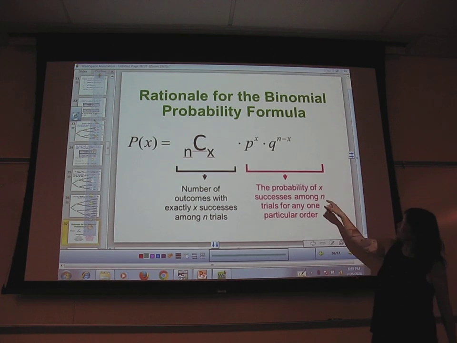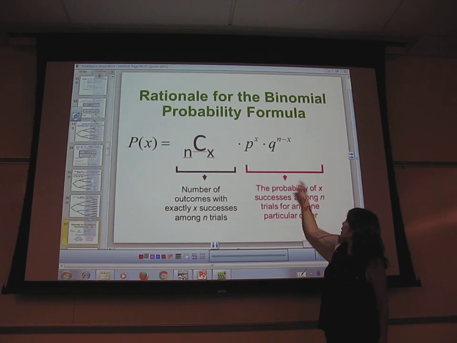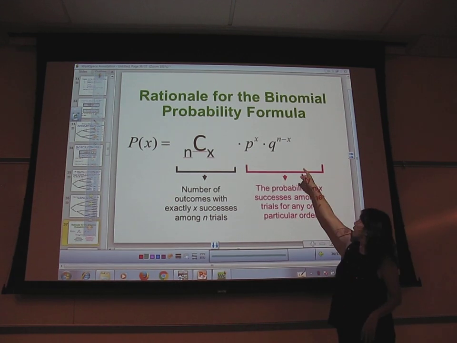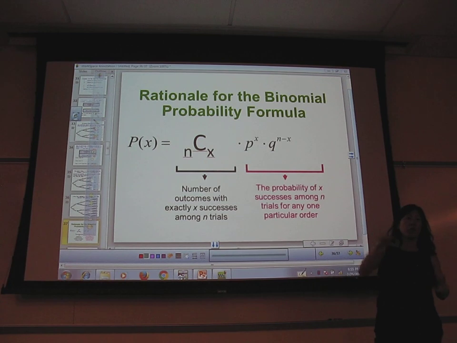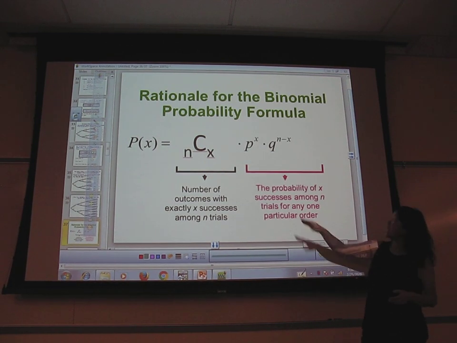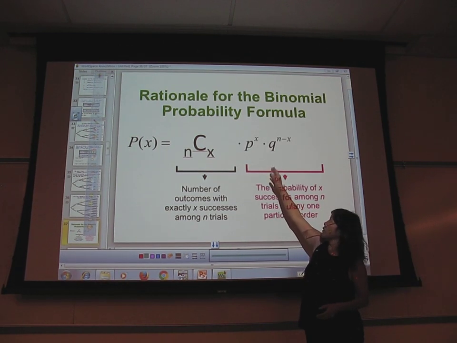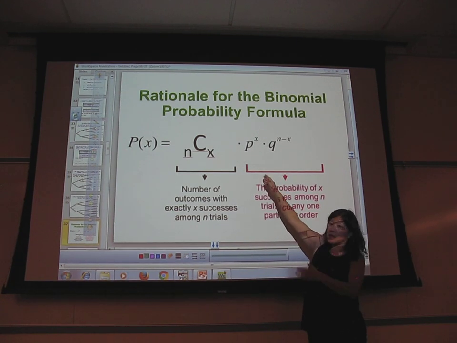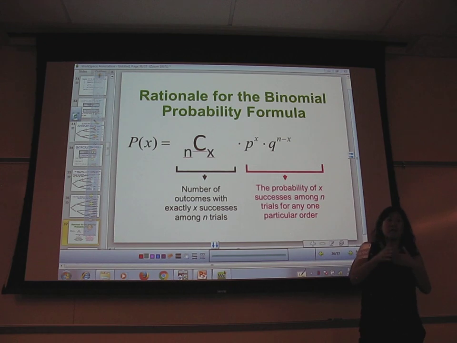In other words, the probability that I have x p's being multiplied and n minus x q's being multiplied as they go along the branches. So remember that probability, you multiply that. If I wanted 3 boys, it'd be 0.4 times 0.4 times 0.4. How many of those do you have? So that's the probability of getting to that branch.